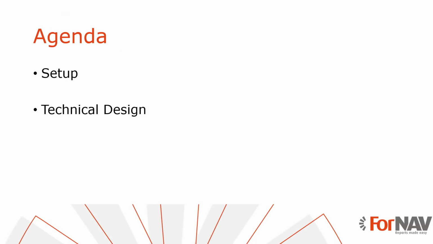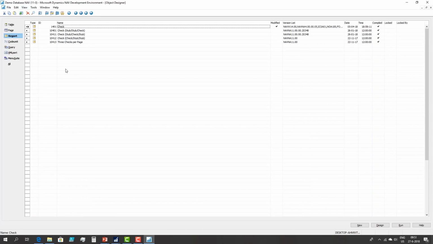So let's see how this works from a technical perspective. If you've been working with AL for a while, you are aware that Microsoft ships different reports for the different combinations. And if you want to make a change, the change is not automatically copied into the other reports.